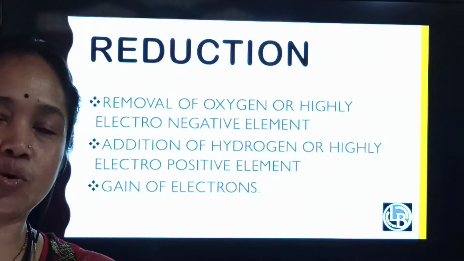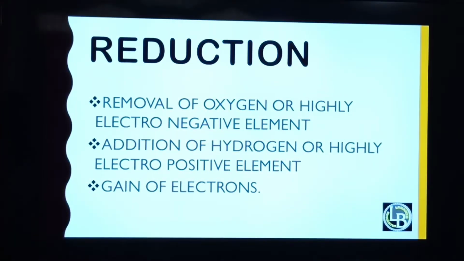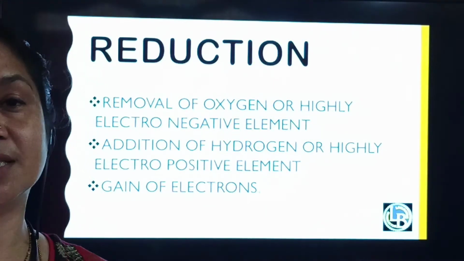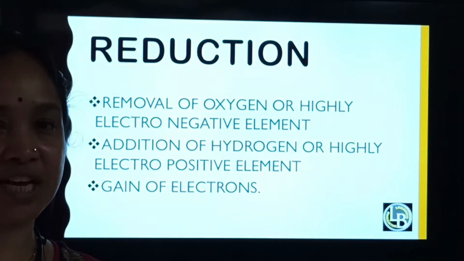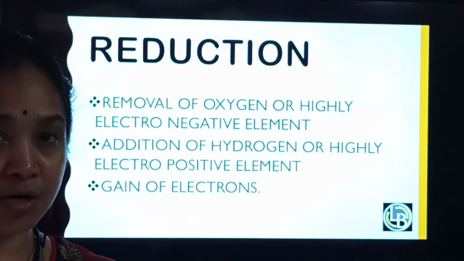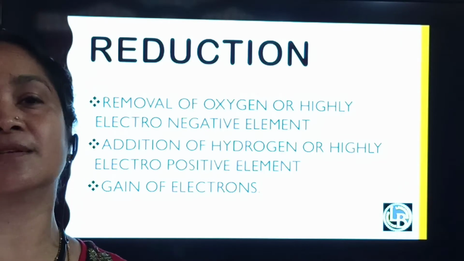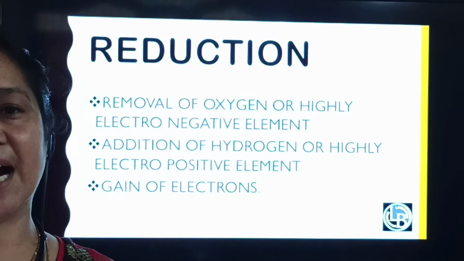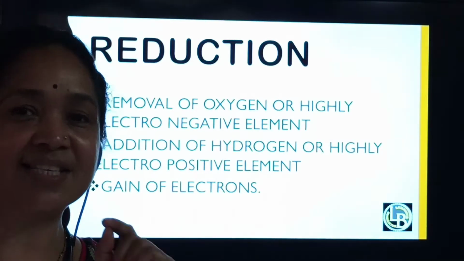Reduction is quite opposite to oxidation. That is, removal of oxygen or a highly electronegative element, addition of hydrogen or a highly electropositive element. And in the electron concept, gain of electrons is considered reduction. GER. LEO is oxidation, GER is reduction.